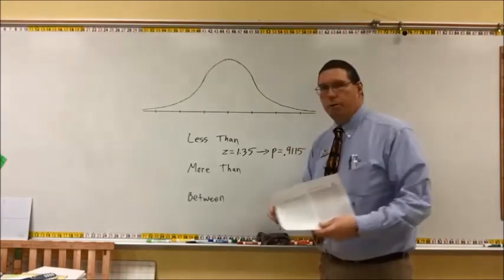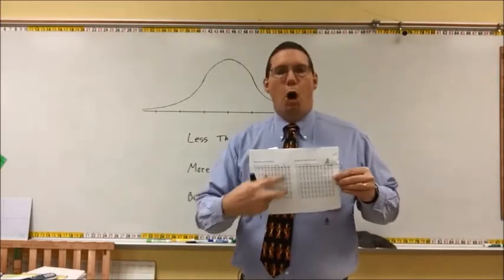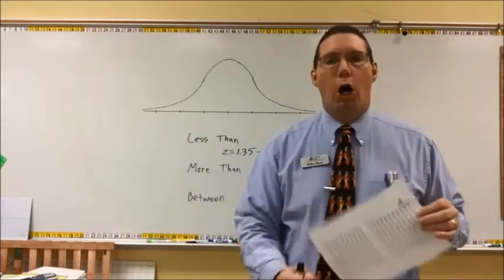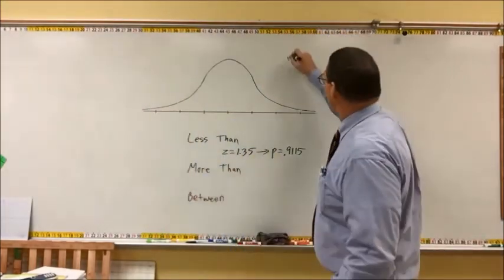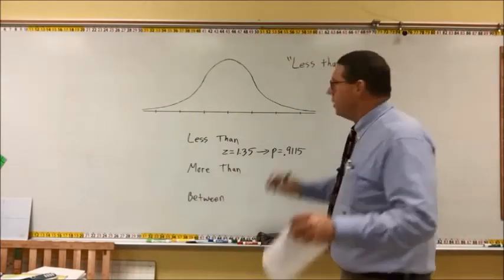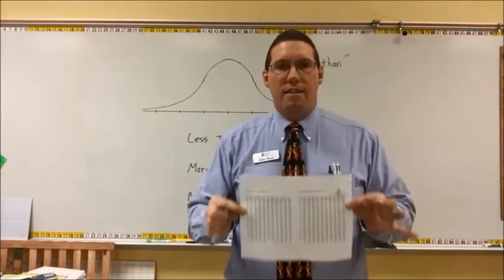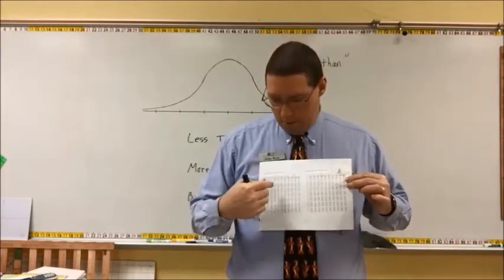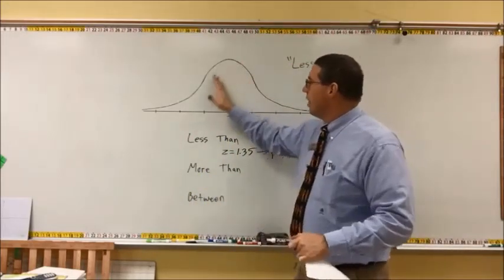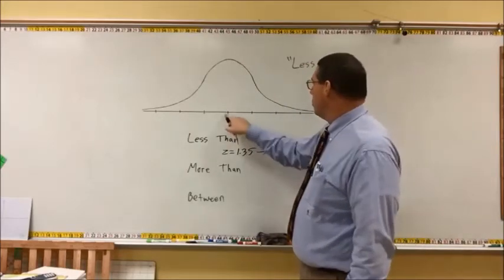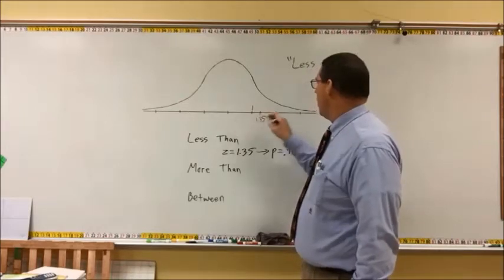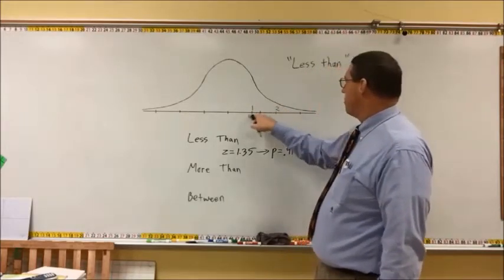0.9115. Now here's what I need to tell you about this z-table. All of the probabilities, all of the proportions in this table are less than proportions. These z-scores tell you the proportion under the curve that is less than that number. If we went to 1.35, that's right about here, because this is 1 and this is 2, and 1.35 is between 1 and 2.